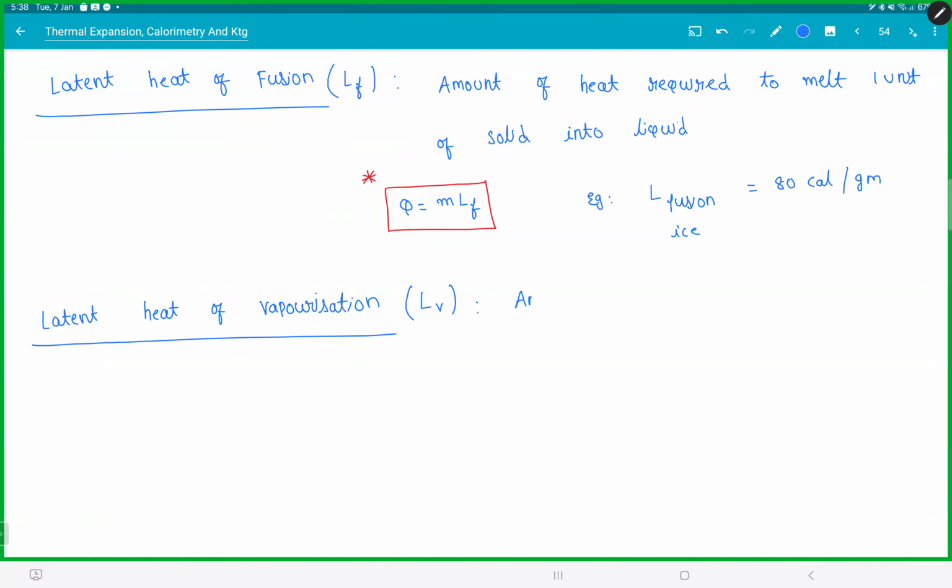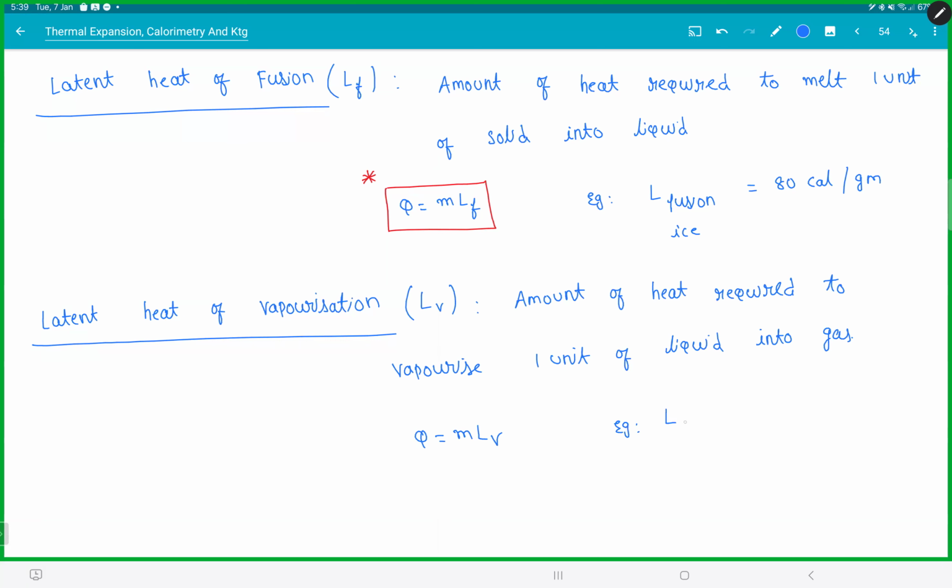This is the amount of heat required to vaporize 1 unit of liquid into gas. So here the formula will be Q is equal to M into LV.